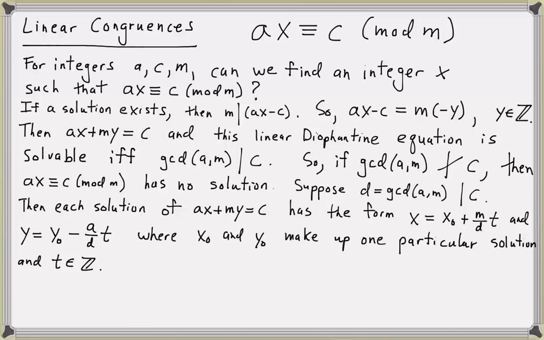So these x's given by this expression all satisfy, for any value of t, the congruence ax is congruent to c mod m.